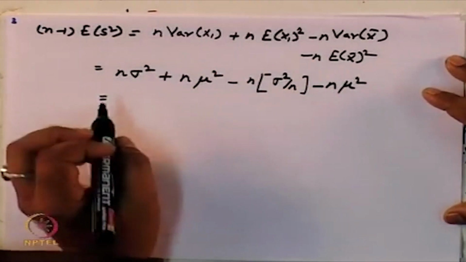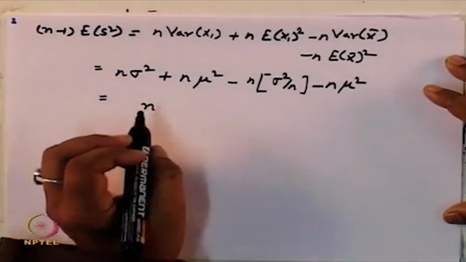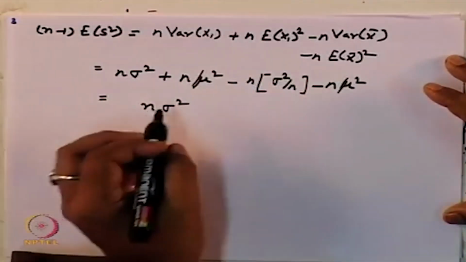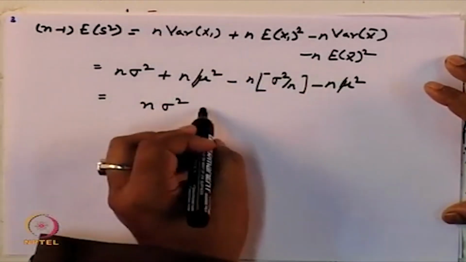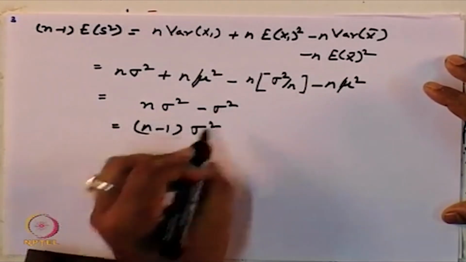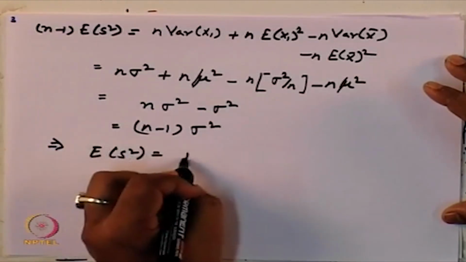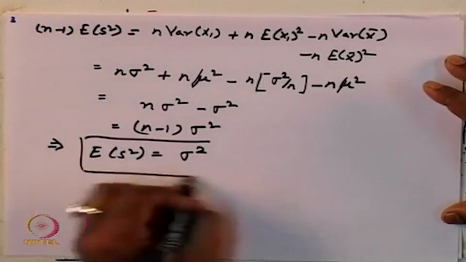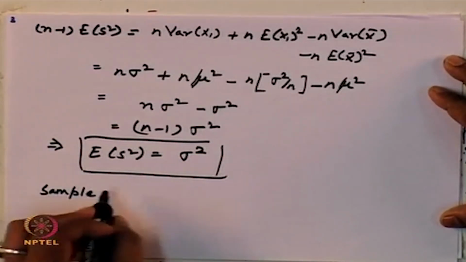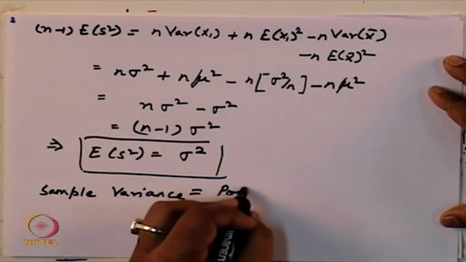The mu square terms cancel each other out, so we have n sigma square minus sigma square, equal to n minus 1 times sigma square, implying the expectation of S square is simply equal to sigma square. Thus the expected sample variance is equal to the population variance.